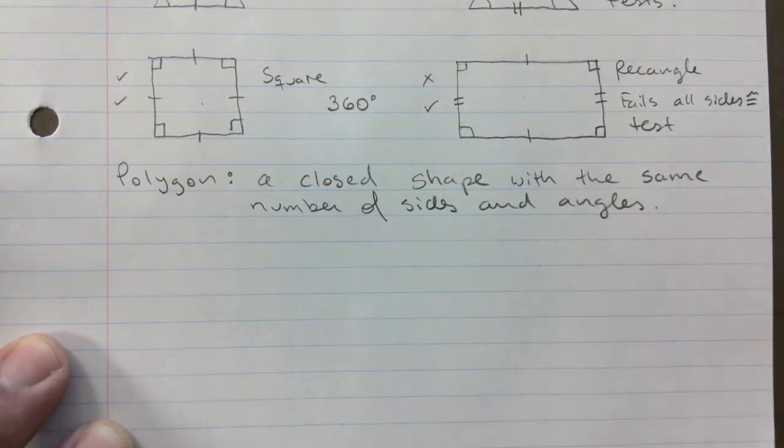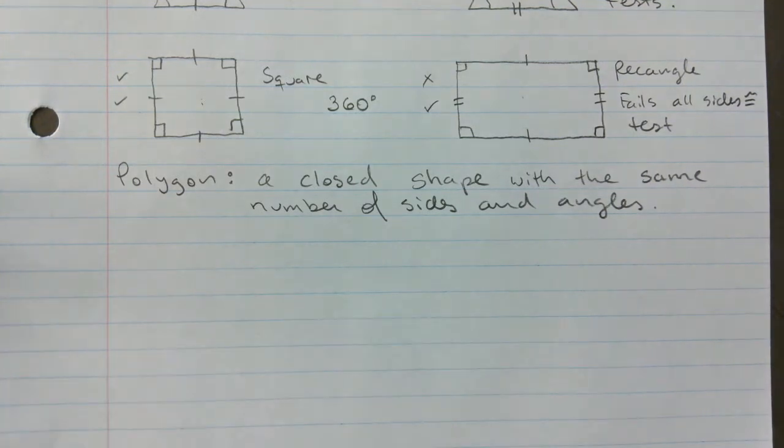So a pentagon will have 5 sides, it will have 5 angles, right? A triangle has 3 sides, 3 angles, so no news there.